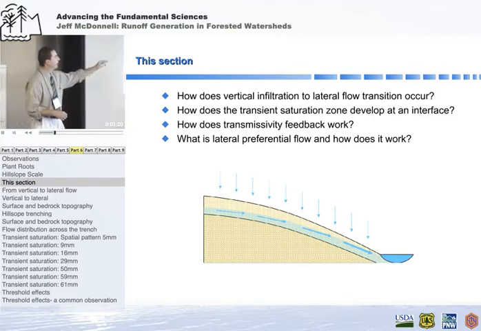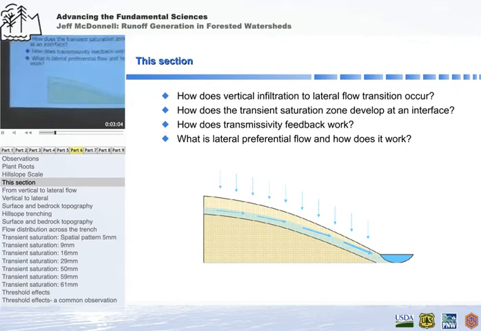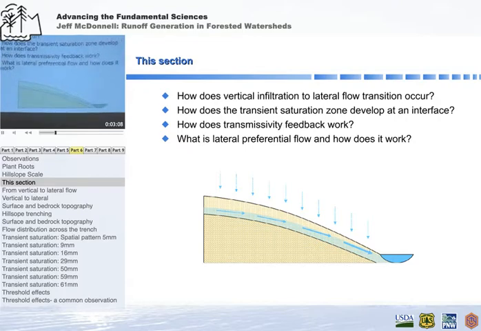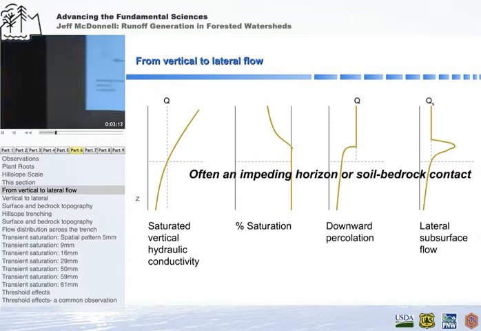This is very characteristic of till-mantled terrain. And then lateral preferential flow. How does it operate? This is another important driver of how hill slopes deliver water and solutes to stream channels.